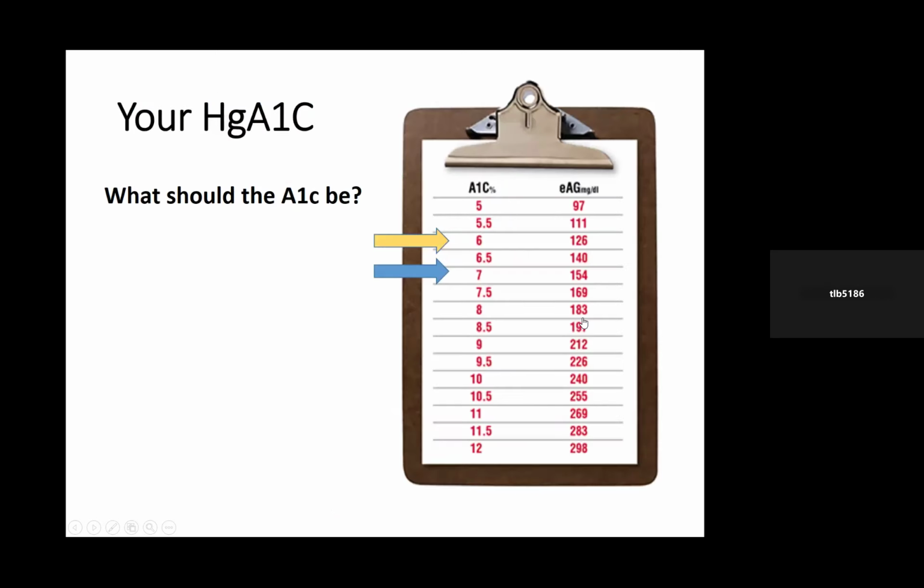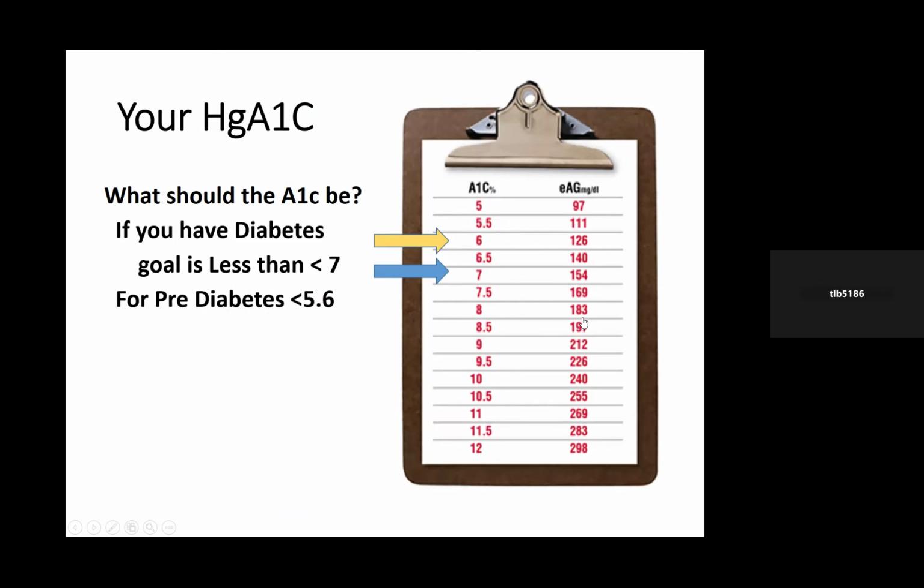So what should the A1C be? For an individual that has diabetes, the goal is that the A1C should be less than 7. If you are pre-diabetic, the goal is an A1C of less than 5.6. This is information that a lot of people don't know or don't understand.